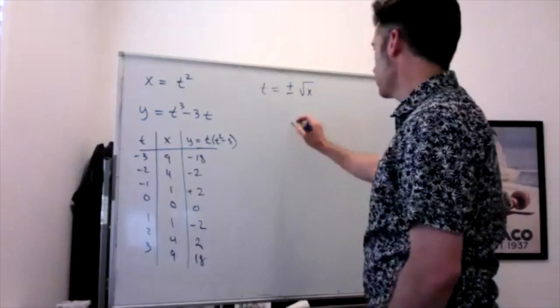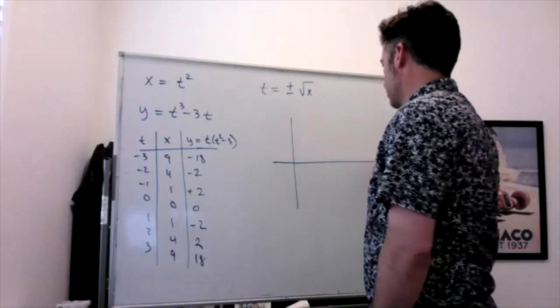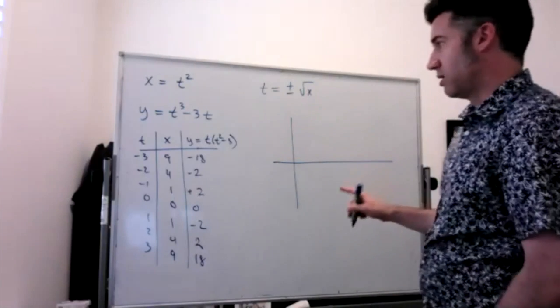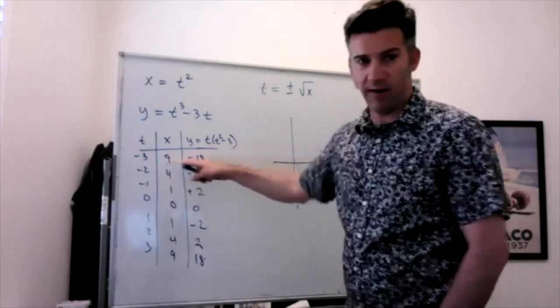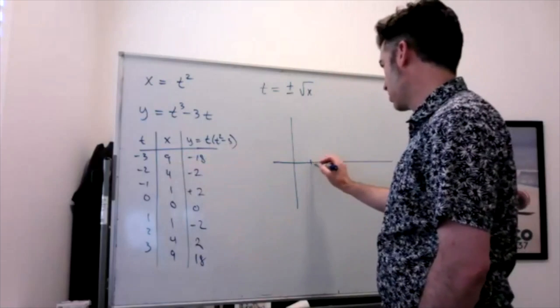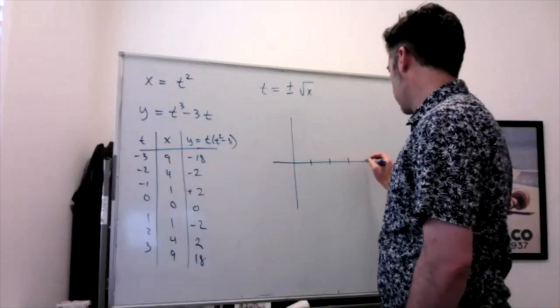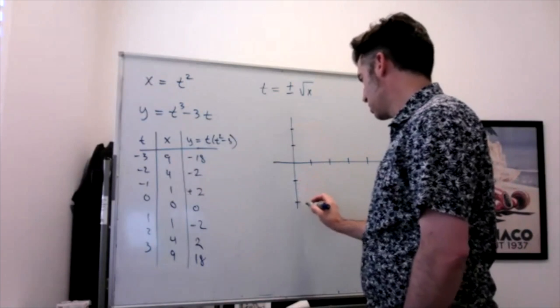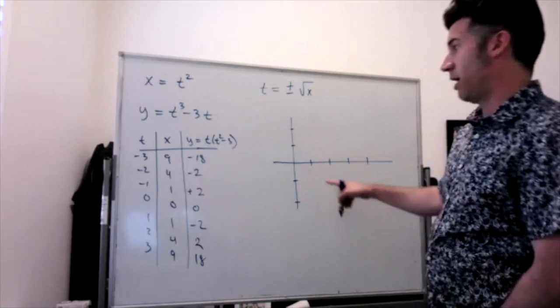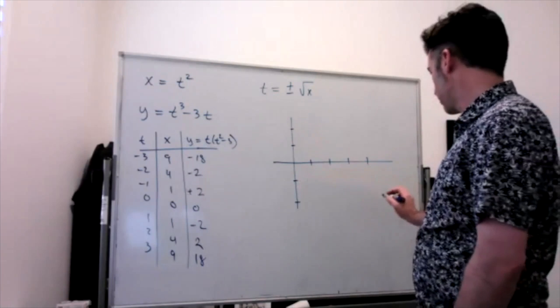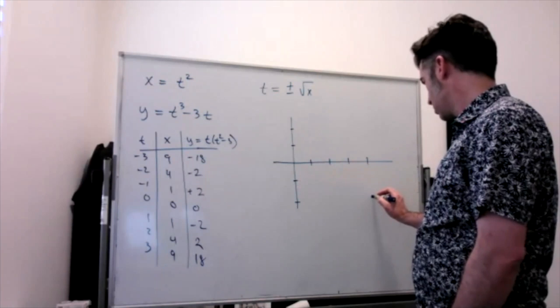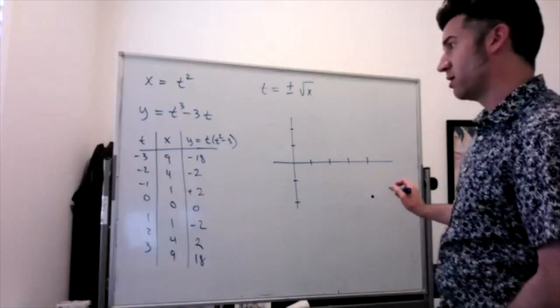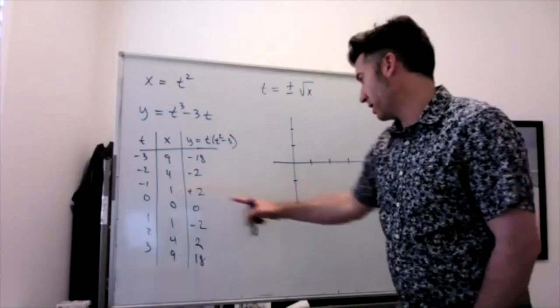So let's try plotting this. I'm only looking at these, and let's maybe not graph those ones. I've got the point x is 4, y is -2. And then I've got the point x is 1, y is +2.